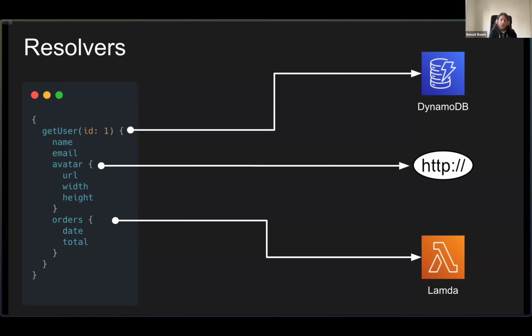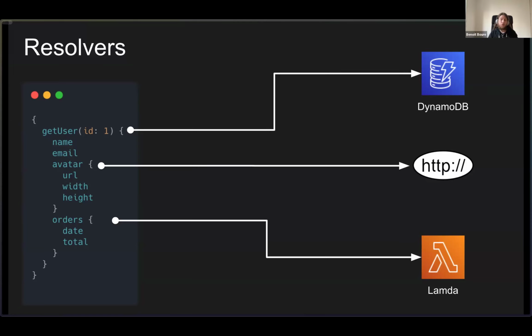And each field that is returned by the API, you are allowed to attach to a resolver. Each time that a client requests that field, the resolver that you attached to that field will be invoked. And a resolver is no more than a function. It's a function that is attached to a data source.